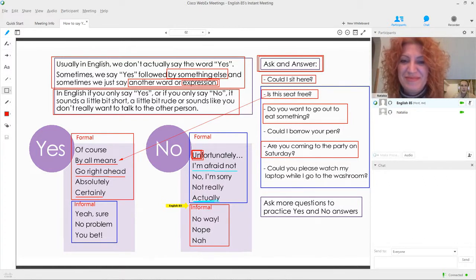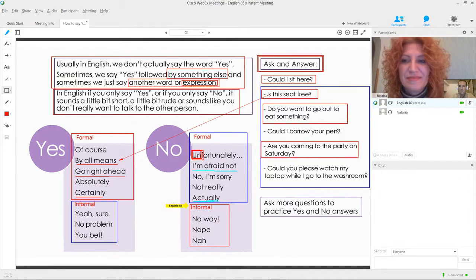So let's try to open the. Oh, wait. Before we open the next page, can you tell me, please, what is the difference between formal yes, formal no, and informal yes, informal no?